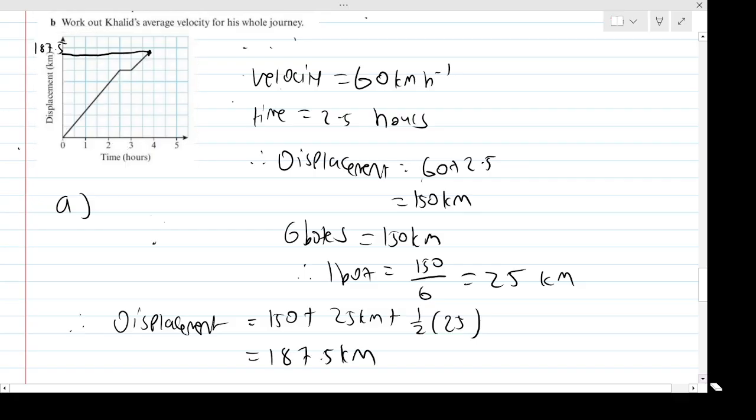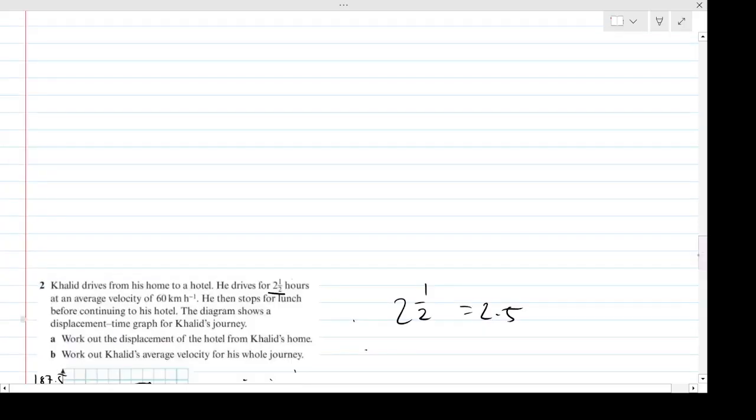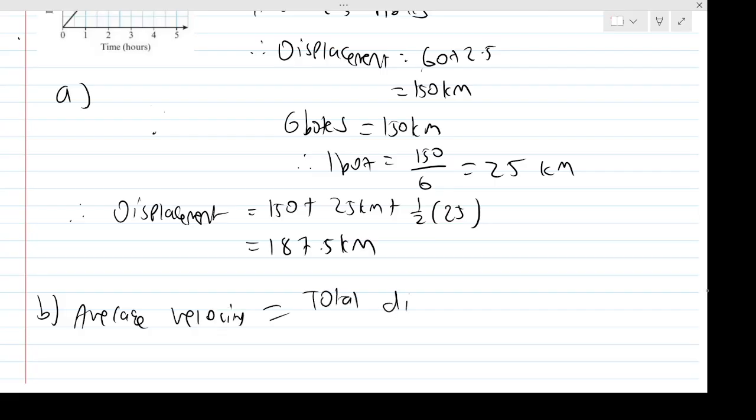Now, that's part A. Then part B says work out Khalid's average velocity for the whole journey. So part B, the average velocity, again, is going to be the total displacement over total time.